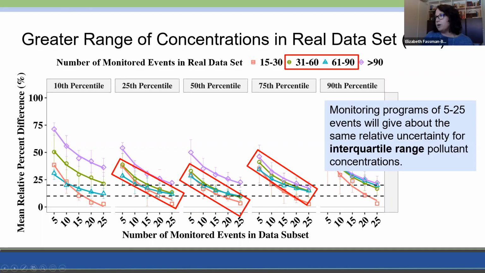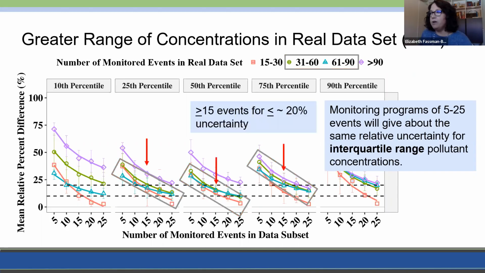If your hypothetical monitoring program has 5 to 25 events, it is going to give you about the same relative uncertainty for that interquartile range. And just as a point of reference, we need at least 15 events monitored for about 20% uncertainty. So this is where you have a very high range of variability in the real pollutant concentrations.